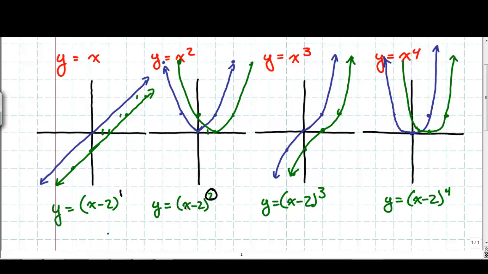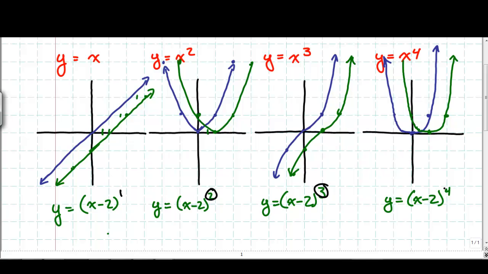There are 2 identical roots, x minus 2 squared. This root has a multiplicity of 3. There are 3 identical roots. And this function has a root with a multiplicity of 4. So what does that mean?